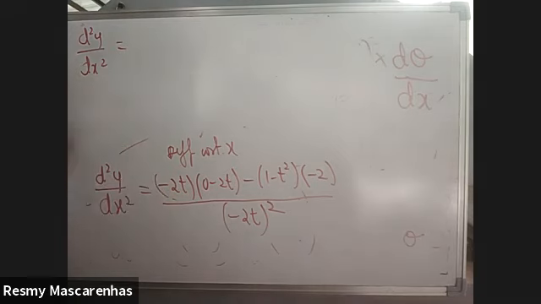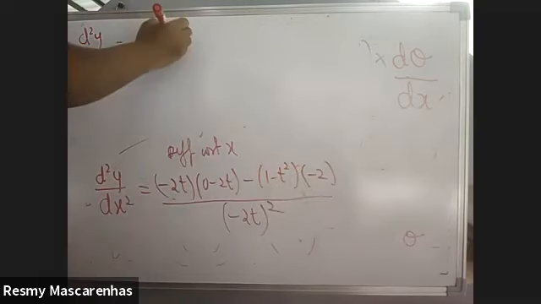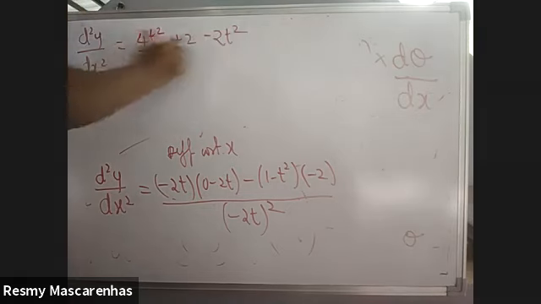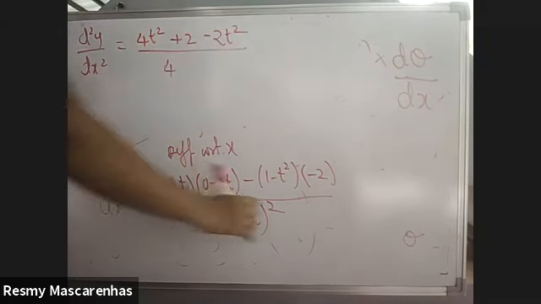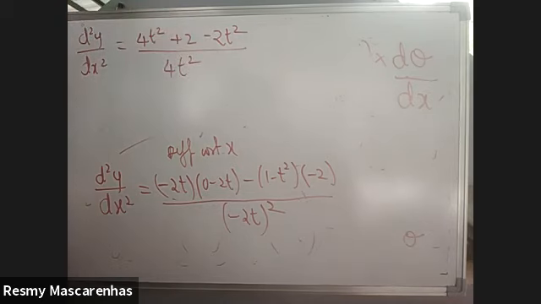Again minus into minus, so it will be 4t square. Minus into minus is plus 2. To solve, we'll get like this. Square will belong to both the terms. Like this you will get the answer. 4t square minus 2t square.